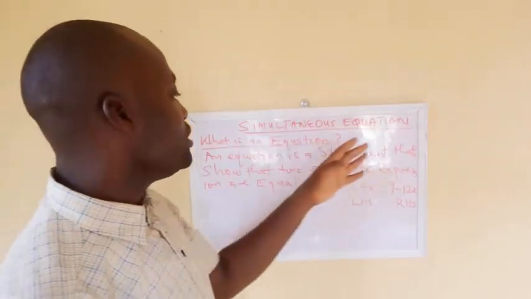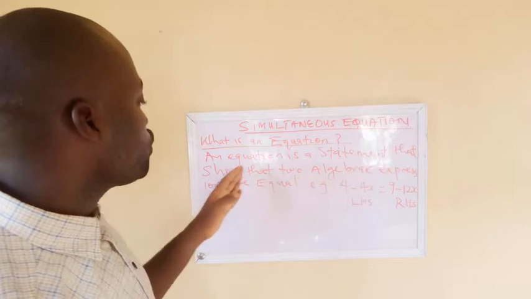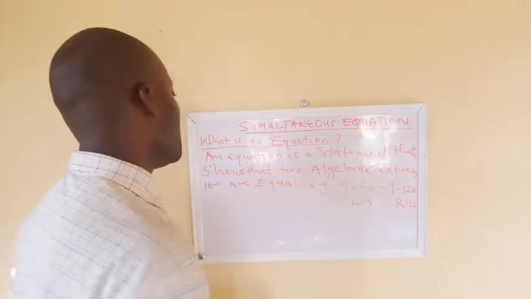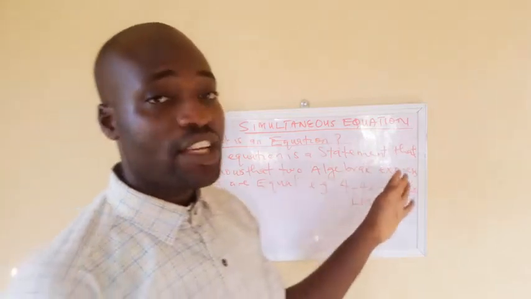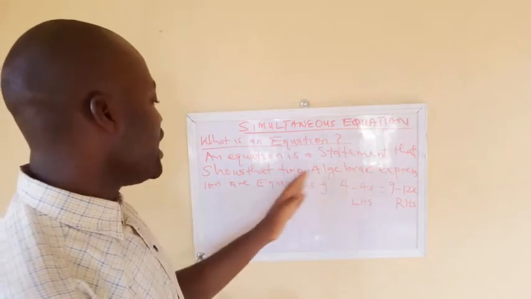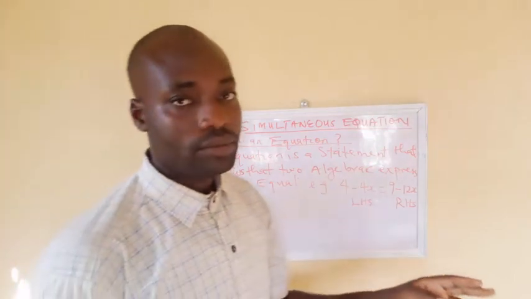An equation is a statement that shows that two algebraic expressions are equal.